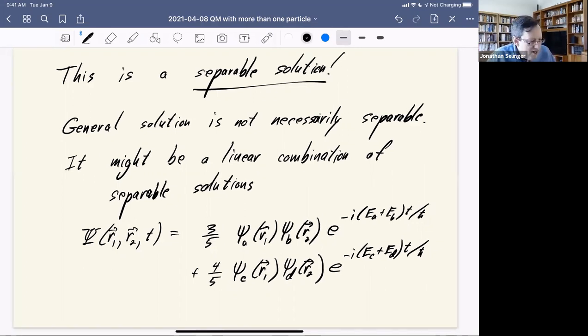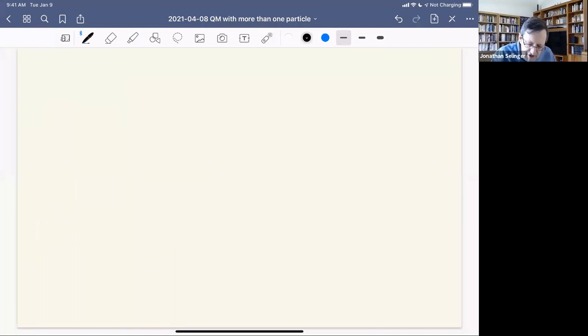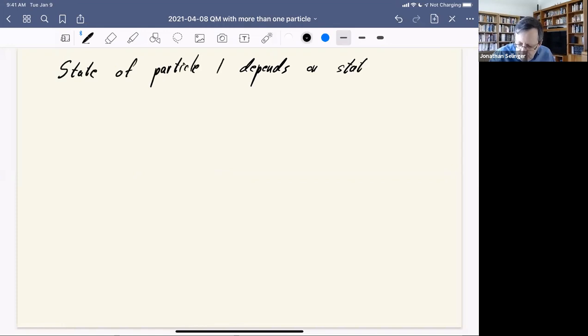Because in this situation, you would say that the state of particle 1 depends on the state of particle 2, and vice versa. Okay, so let's see an example of that.